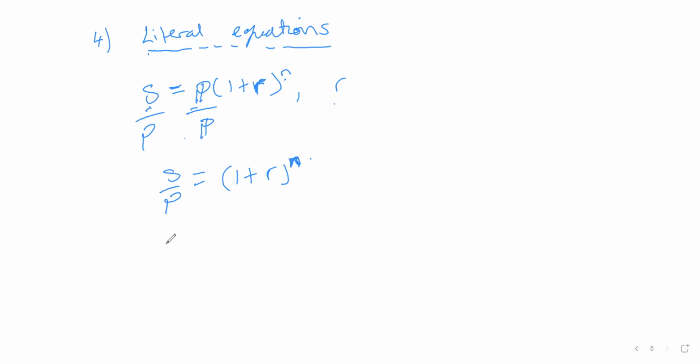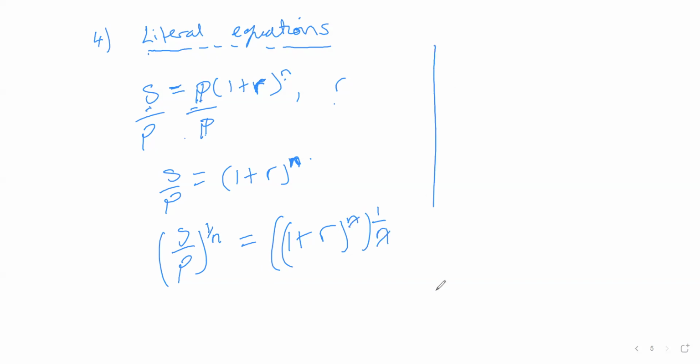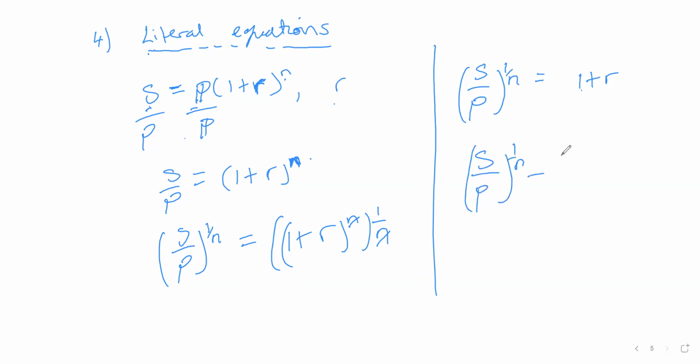It becomes S over P to the 1 over n is equal to 1 plus R to the n to the 1 over n on both sides, so that n goes away. So we are left with S over P to the 1 over n is equal to 1 plus R. Then we move the 1 to the other side to isolate R. So S over P to the 1 over n, minus 1, is equal to R. And that's the solution to that literal equation.